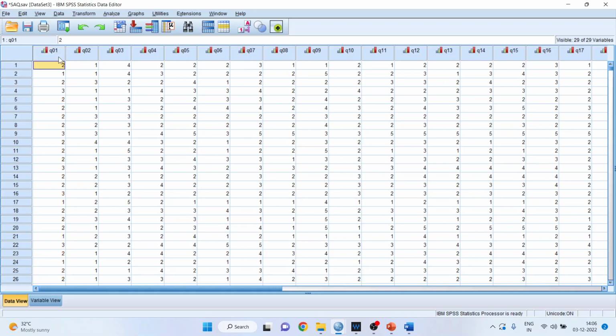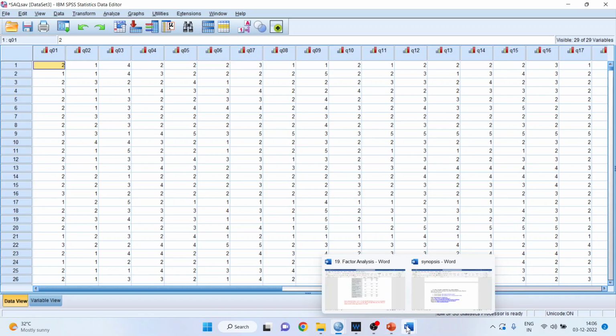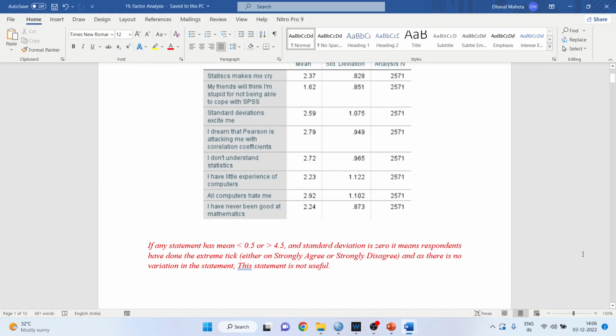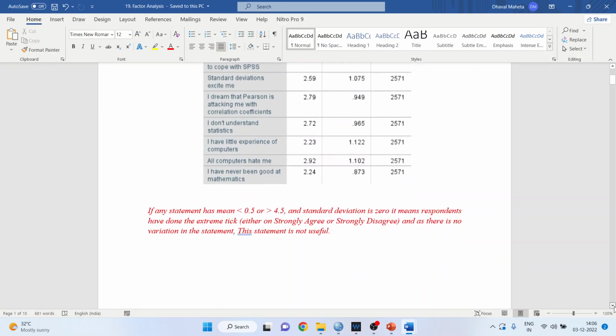Both are not advisable to run the factor analysis. You will not get a good result from factor analysis. Let us proceed further. So this is the reason we should generate the descriptive statistics first.